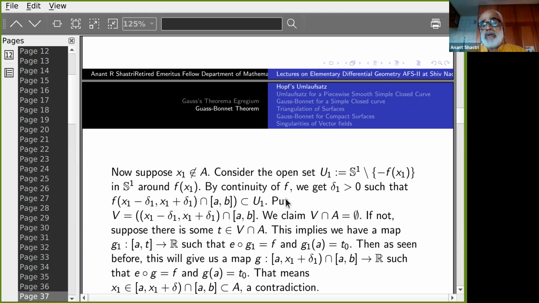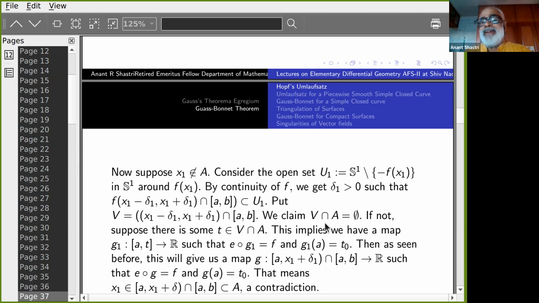So it is continuity of f. Now you take V as this interval, x1 minus delta 1, x1 plus delta 1, intersected with AB. None of these points will be inside A. So V intersection A is empty. This is the point. Why?